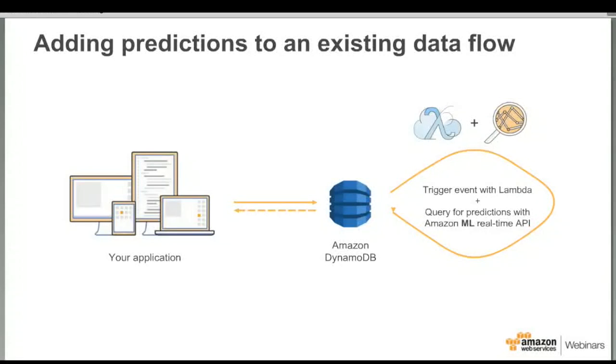And then we can use Lambda to write this prediction right back into the same row that was just added. So what we have just done is take an application that collects data, and we added prediction generation as a part of this application without changing the application at all. Now we have rows in DynamoDB that have both the input data and the prediction, and a different application can now be written to read these rows from Dynamo, or the same application that generates the data can be modified post-fact to generate the predictions.